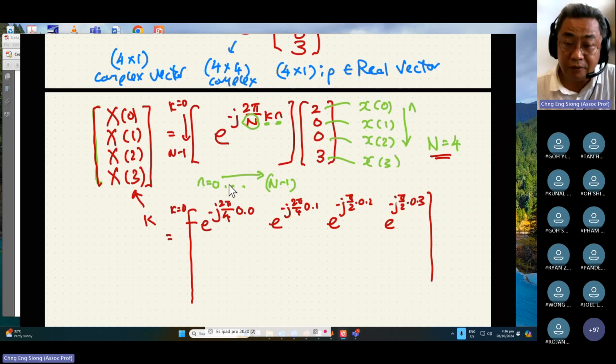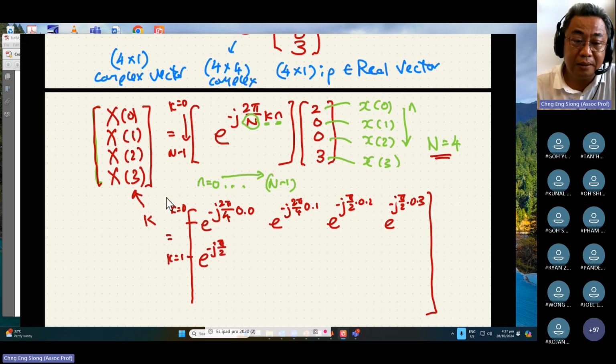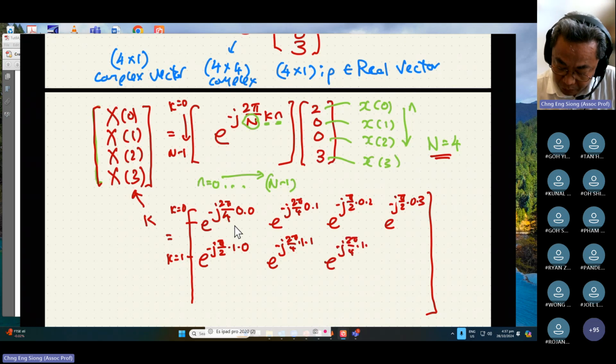So we have done the first row of the W matrix. And then now do the second row, e to the minus j 2 pi over 4, k equals 1, n is 0. Second one, e to the minus j 2 pi over 4, k is 1, n is 1. e to the minus j 2 pi over 4, k is 1, n is 2, and 1, 3.